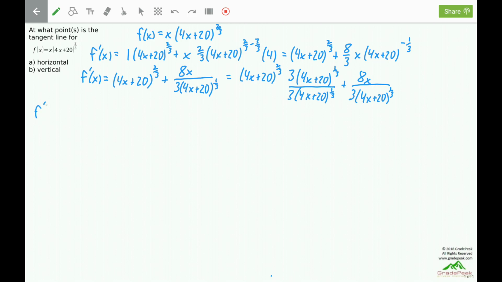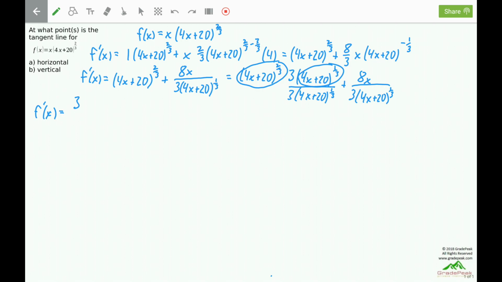So f prime of x will now equal, for the first term, the numerator, we have a 3. I will write that down. We have a (4x plus 20) to the 2/3, and we have a (4x plus 20) to the 1/3.